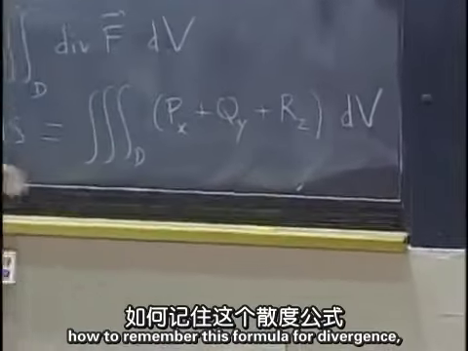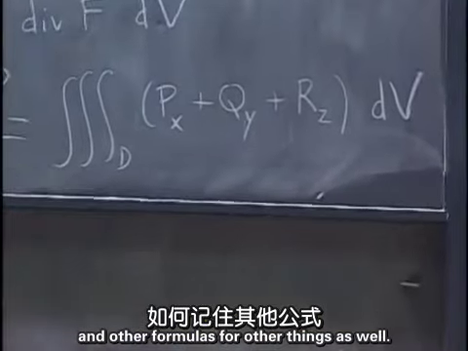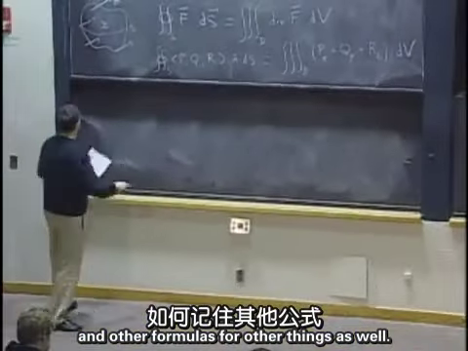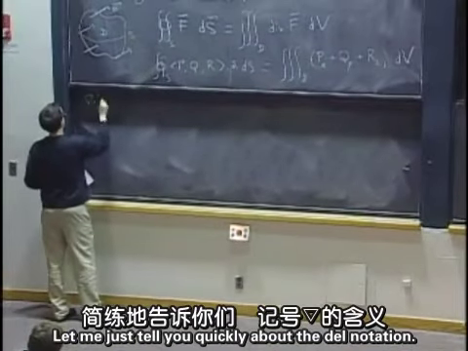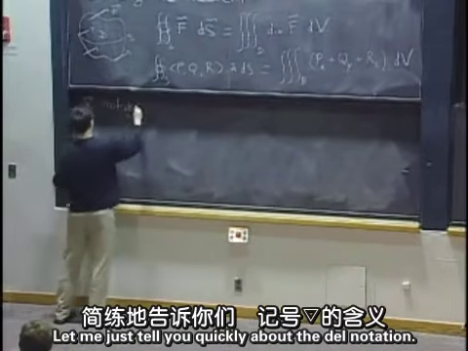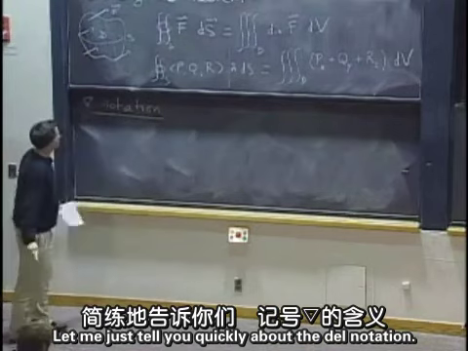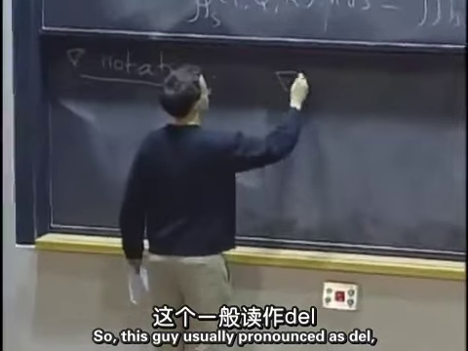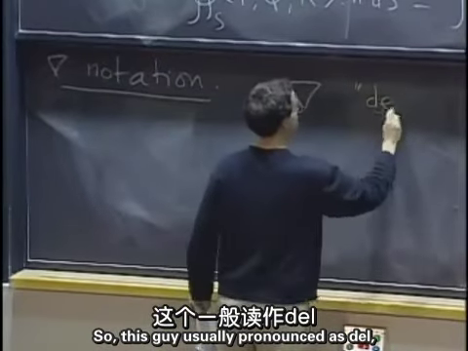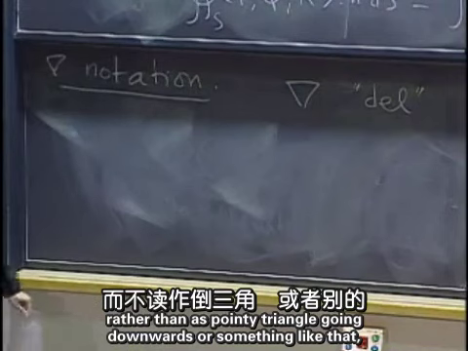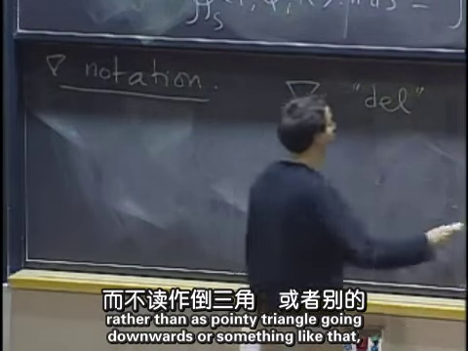So, by the way, how to remember this formula for divergence and other formulas as well. Let me just tell you quickly about the del notation. This guy is usually pronounced as del, rather than pointed triangle going downwards or something like that.